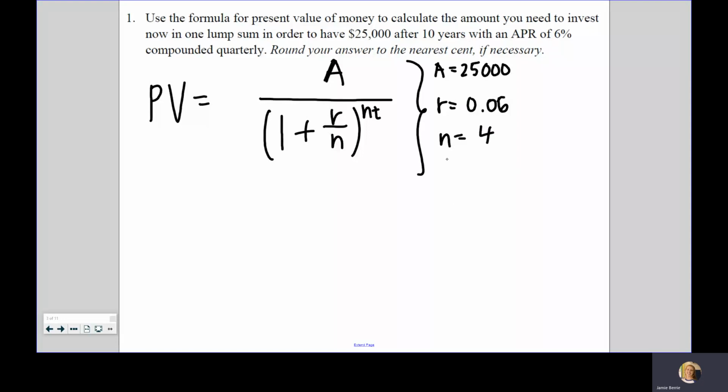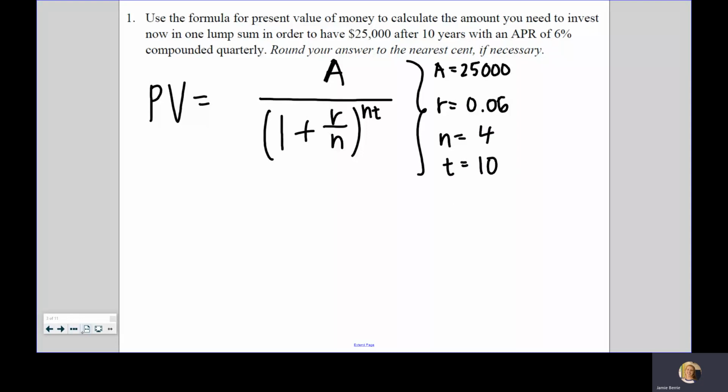And then our term of our investment was 10 years. All right, so you have some kind of savings account. They're giving you a 6% interest rate, which is a great interest rate for a savings account. We want to get to $25,000. They're compounding this quarterly at this bank, and we're going to leave the money in there for 10 years.